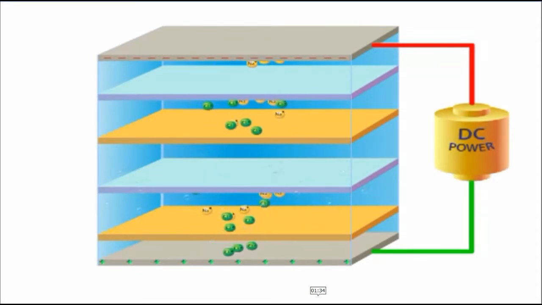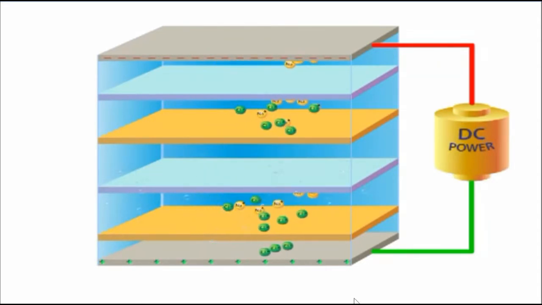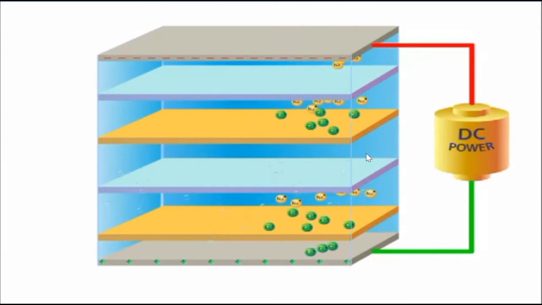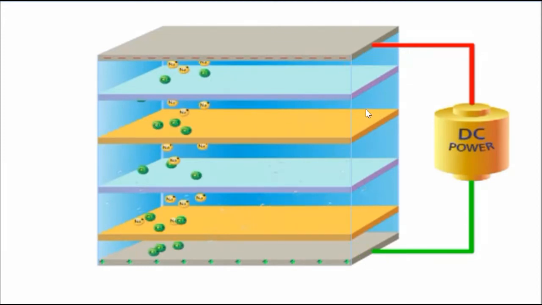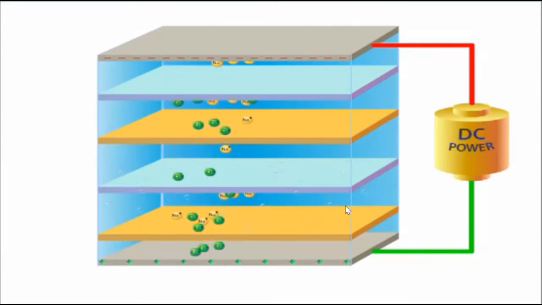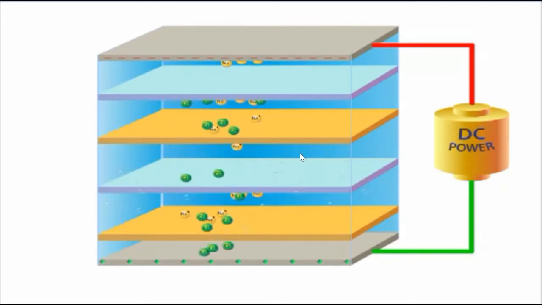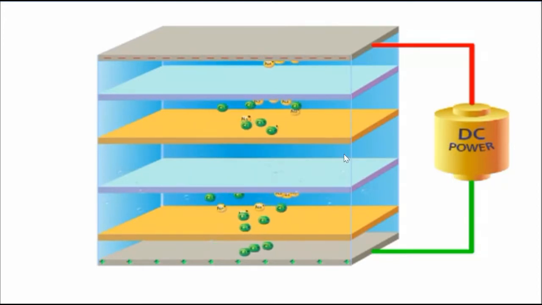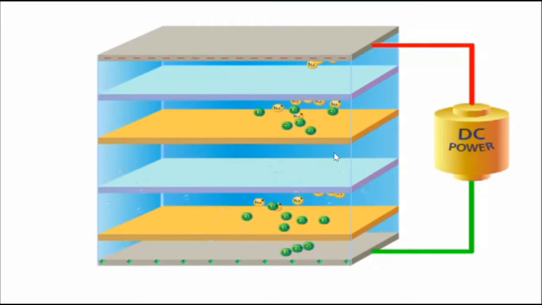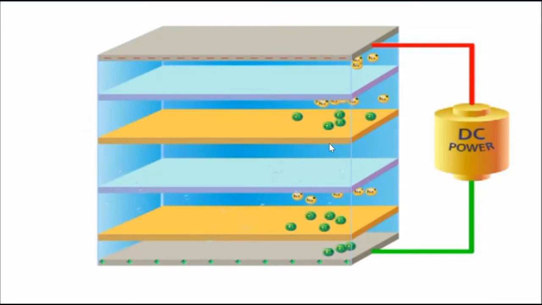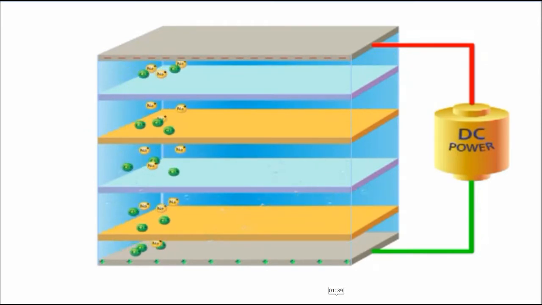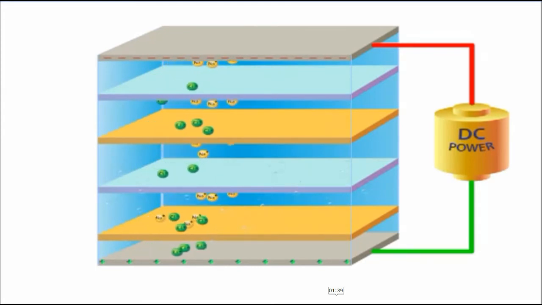And at the end we'll get alternate stream of deionized water and concentrated salt stream. So this is how electrodialysis works.